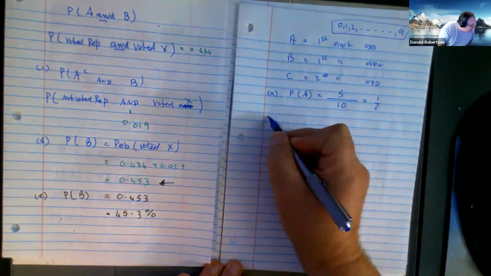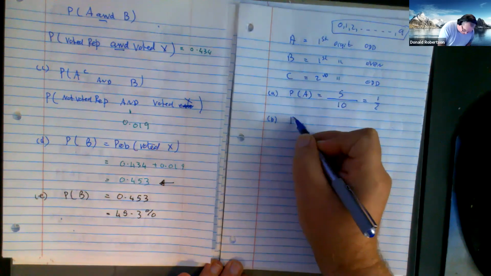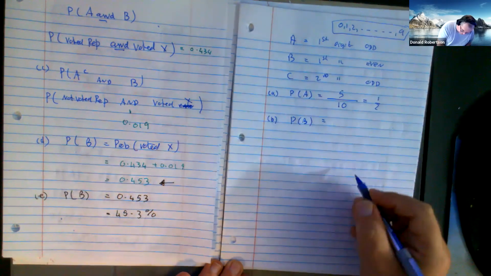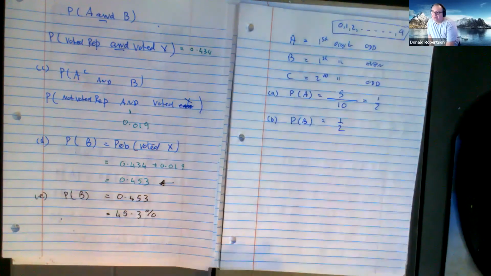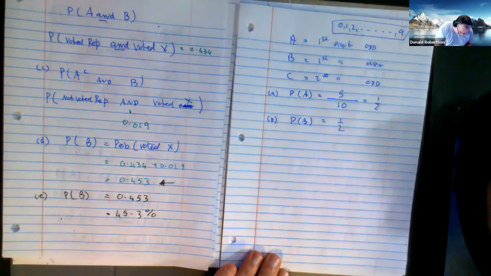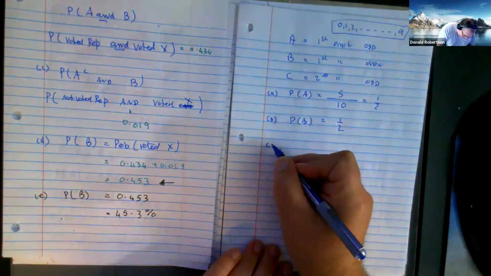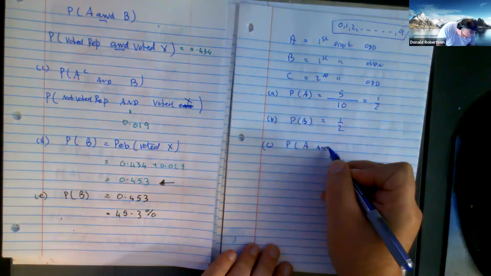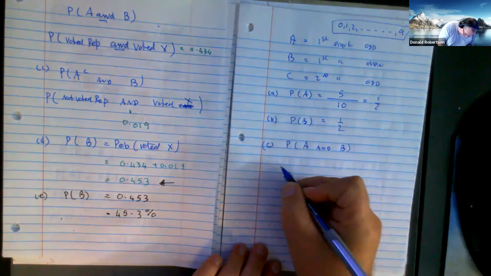And question B, what's this one? Well, would you agree the chances of getting an even digit are also a half? Yes. Right, so that one wasn't worth asking you. Now, this one is a trick question. And I'm going to put it in English.